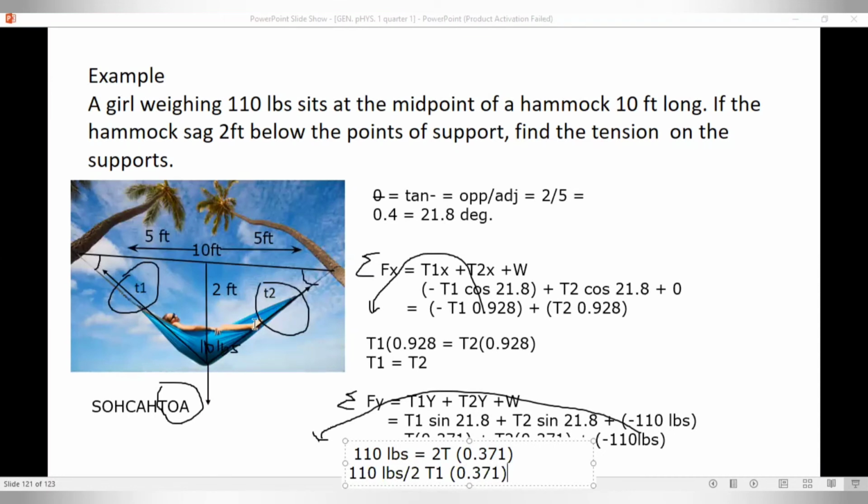So for your T1, for the vertical axis, you will have 55 lbs over 0.371, which is equal to 148.25 pounds.